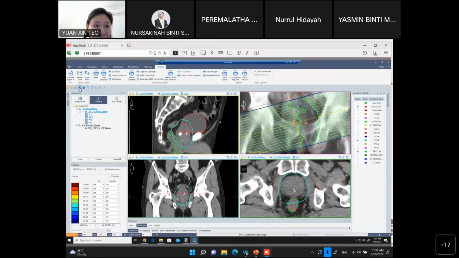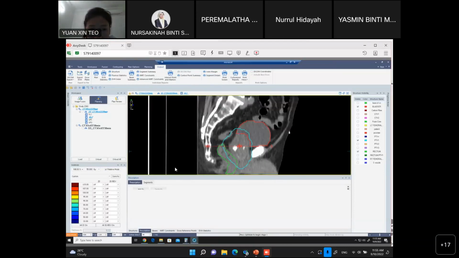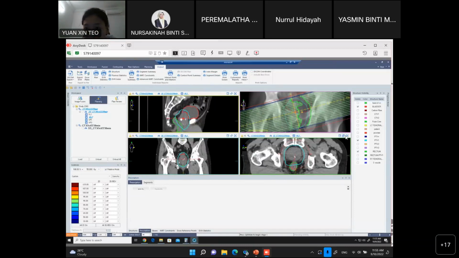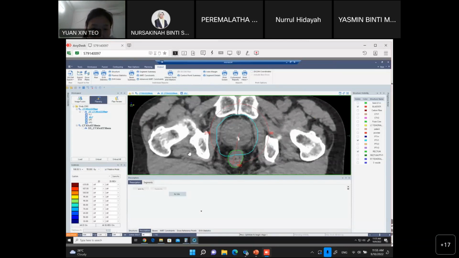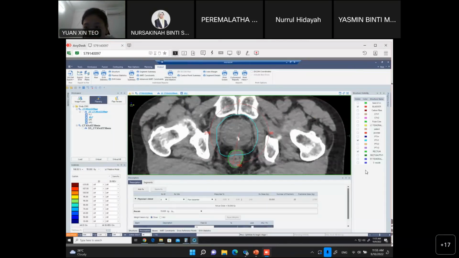Okay, so how do we generate a Remap plan? As I mentioned just now, there are a lot of cost function parameters for you to play around. Okay, first, once the doctor is done with the contouring and after you contour all the OAR, organ at risk, in this prostate plan, we will have bladder, femoral head, and rectum.